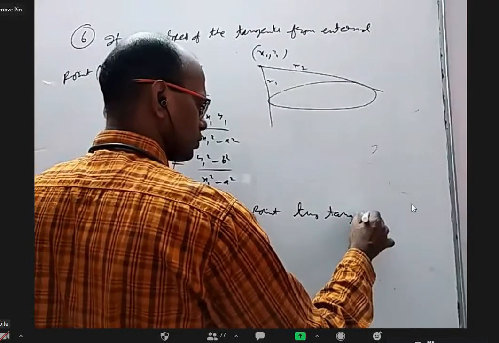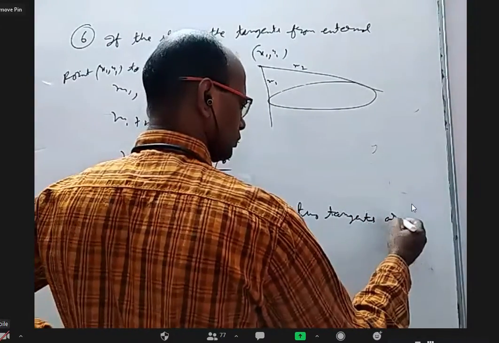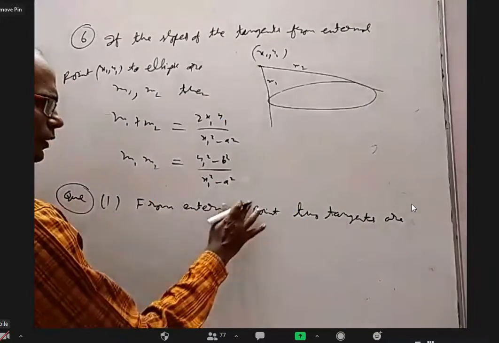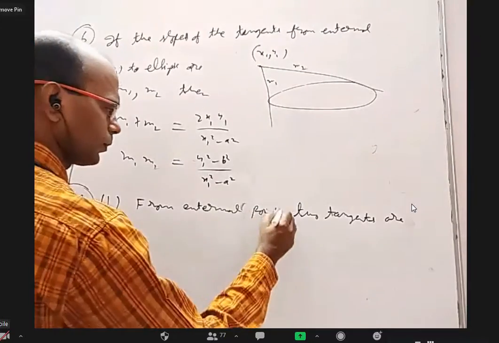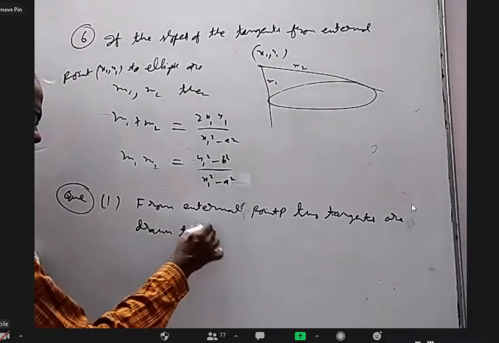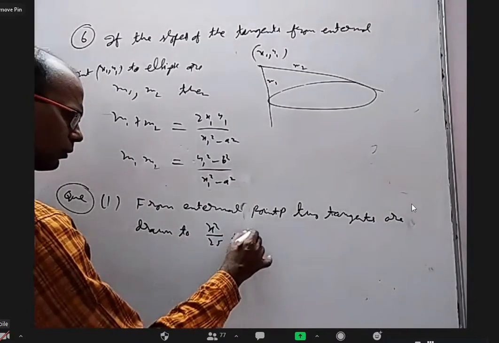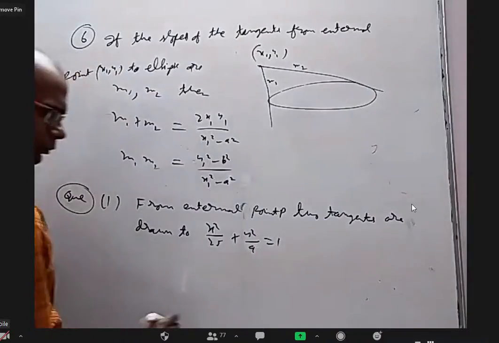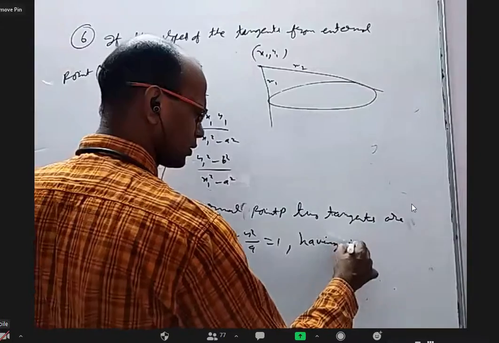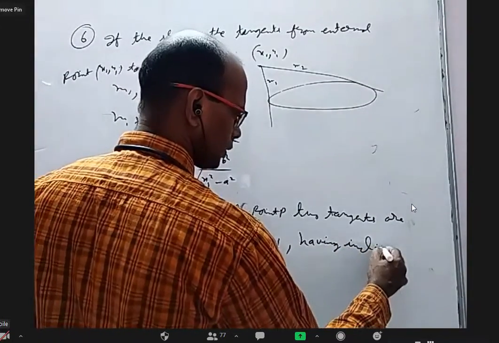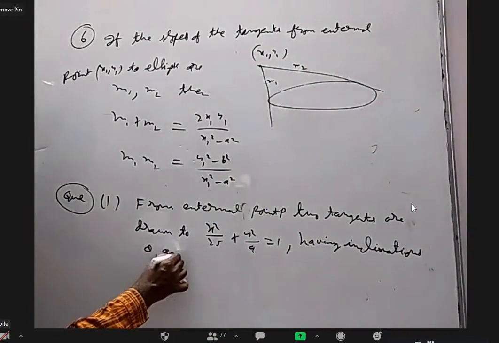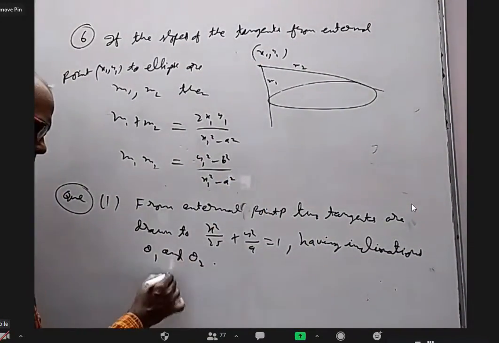From external point P, two tangents are drawn to ellipse x square by 25 plus y square by 9 equal to 1, having inclinations theta 1 and theta 2.